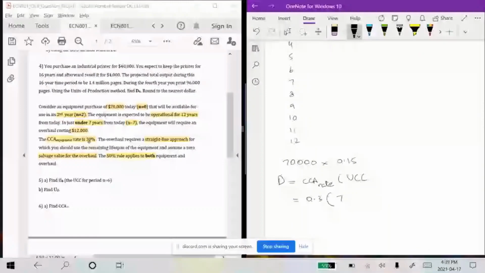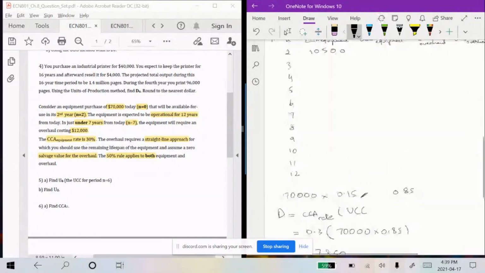Since 0.15 gets depreciated, the amount that's left is 0.85 of the initial investment. So we take 0.85 into 0.3, and we get 17,850. This is the CCA in the second period.